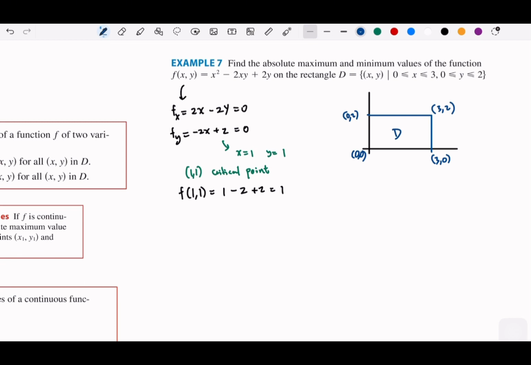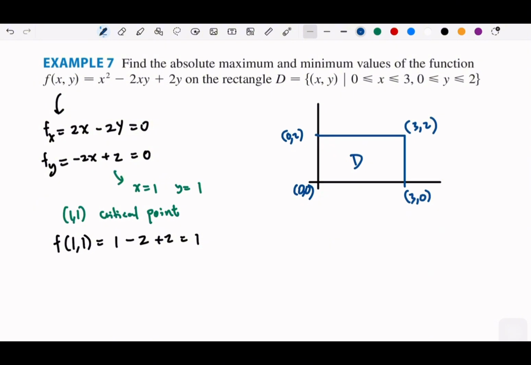To find the absolute maximum and minimum, we need to include the rectangular domain D. For example, if we name these lines line 1, line 2, line 3, line 4, we can observe the behavior on each line.